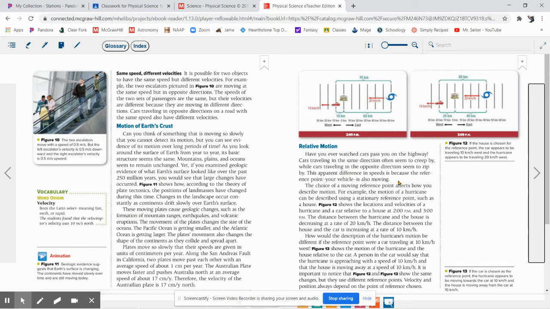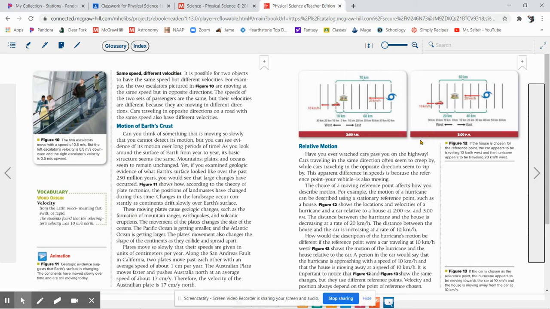Okay, and this is going to explain how if you're sitting still in this house and there's a hurricane coming, it's going to hit this house in a certain amount of time. Here, if you're in the car moving away from it, it's going to take longer for it to get to you, because you're only going 18 kilometers an hour and it's moving 20 kilometers an hour.